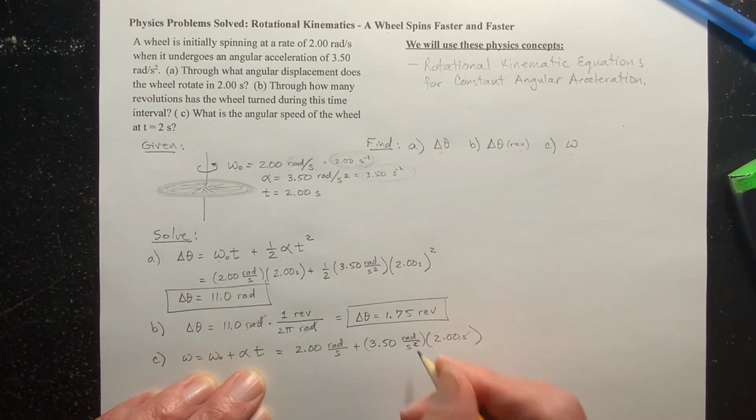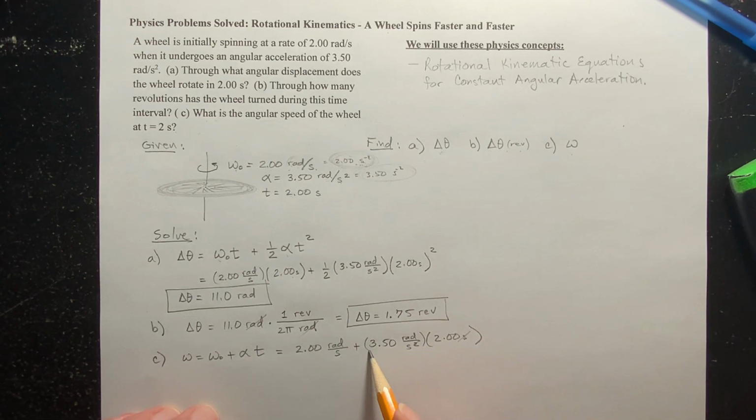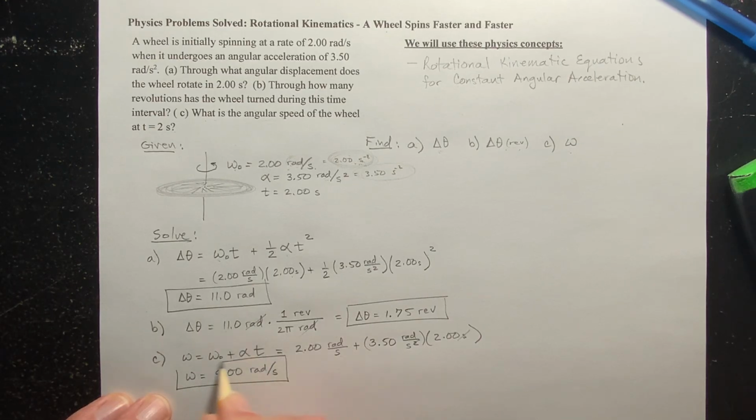Notice the seconds cancel with the seconds squared. We get radians per second plus radians per second. 2 times 3.5 is 7. 7 plus 2 is 9. So we get 9 radians per second. That's how fast it's spinning at 2 seconds.